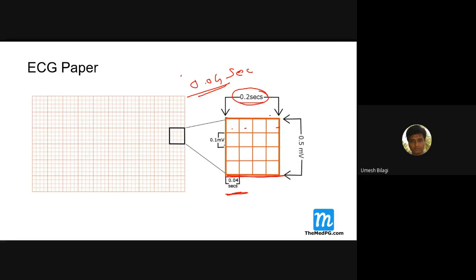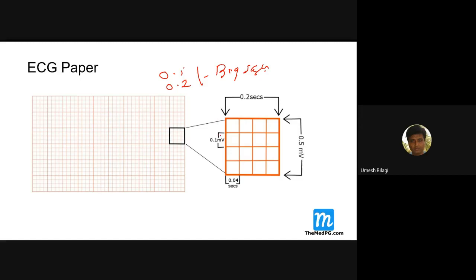The height of the small square is 0.1 millivolt, so one big square is 0.5 millivolt. So the voltage is 0.5 and the duration is 0.2 for a big square.